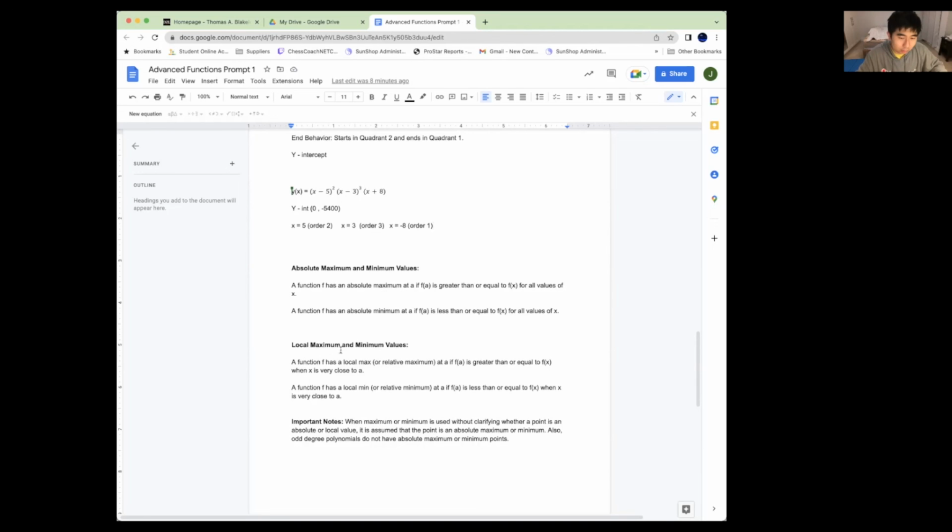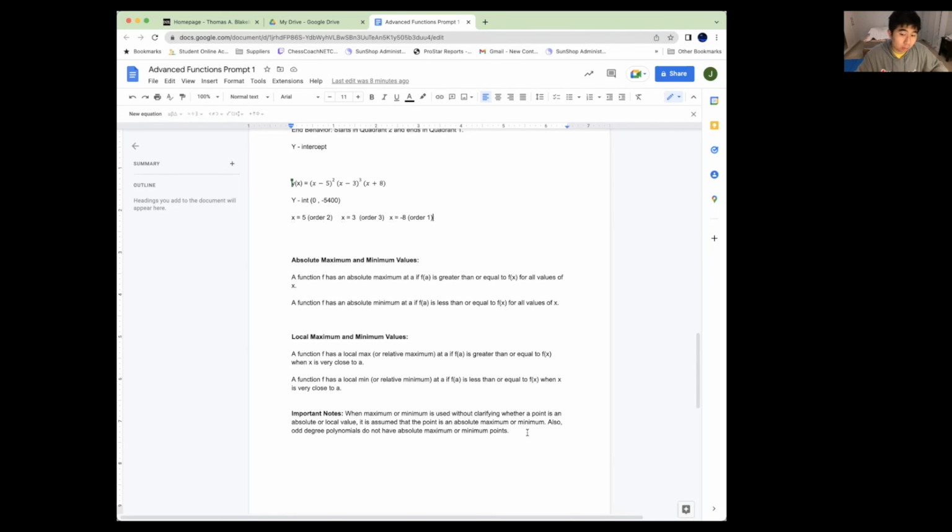For local maximum and minimum values, a function f has a local max, or relative maximum. Local and relative mean the same thing. A function has a relative maximum at a if f at a is greater than or equal to f at x when x is very close to a, and a function f has a local minimum, or relative minimum, at a if f at a is less than or equal to f at x when x is very close to a.